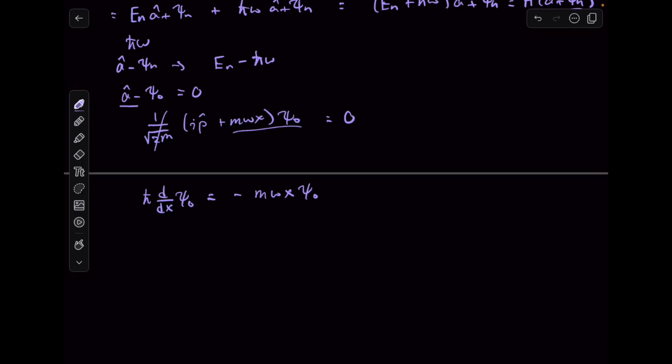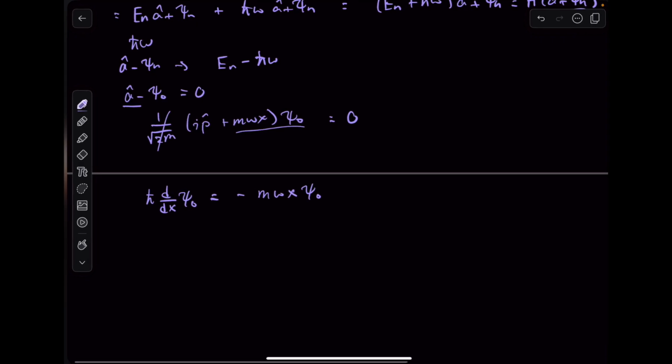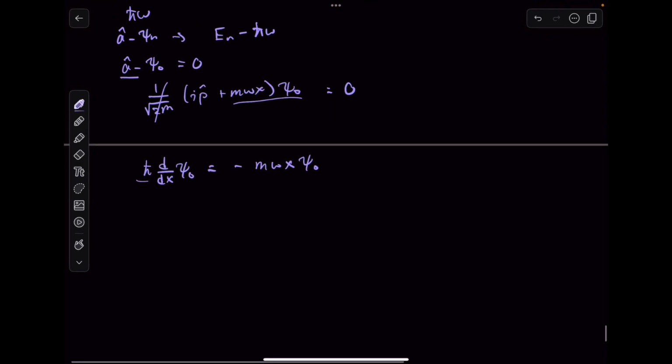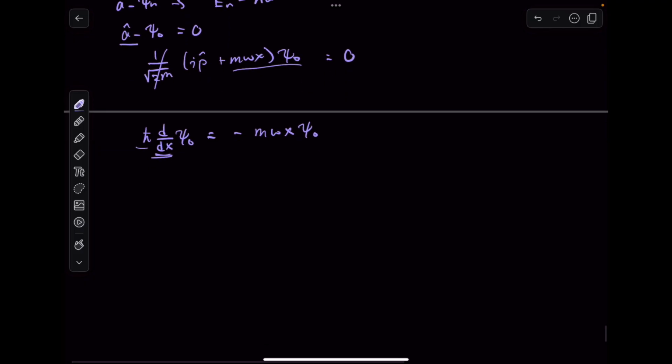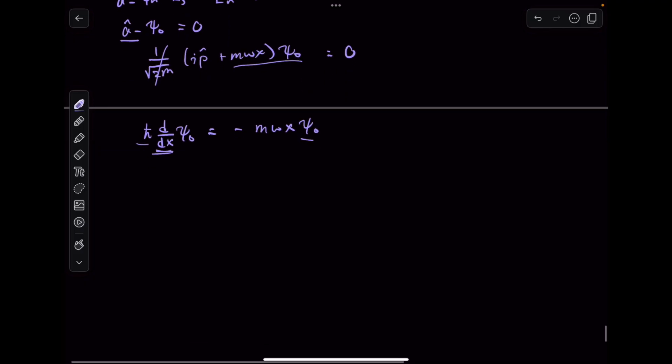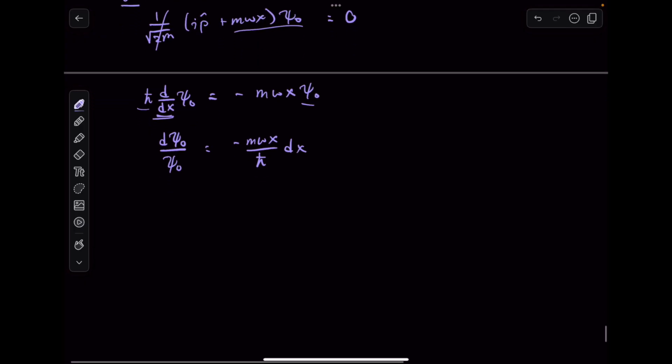And then now I'm just going to shuffle some of these terms around, like h bar and dx. I'm going to move dx to the right side, and then I'll bring this ground state to the left side, and we'll have this expression here. That's going to be easy for us to integrate.